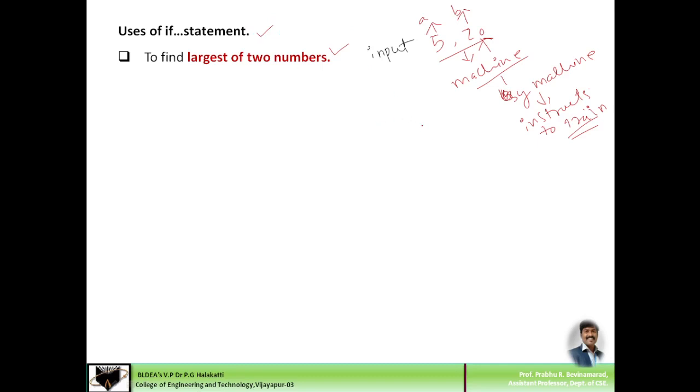For example, I apply a condition like this: if A is greater than B, then I say A is big; else I say B is big. This is nothing but a conditional branching statement.